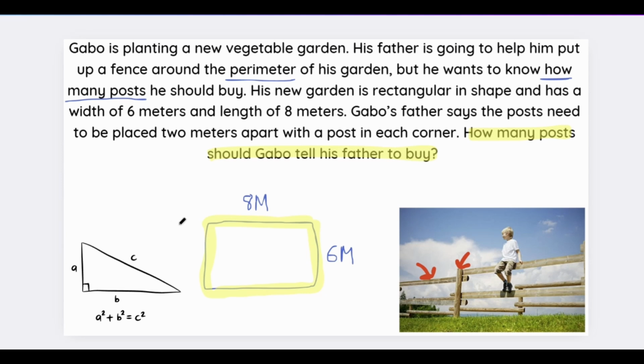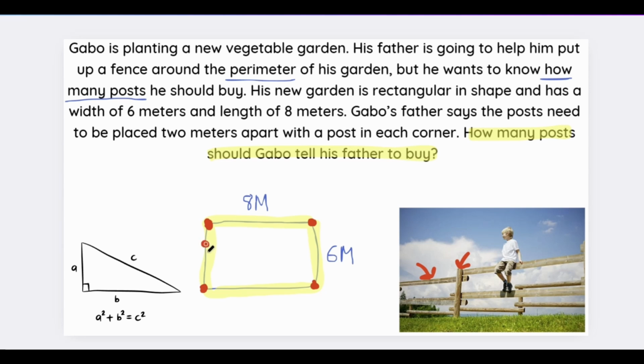So I'm going to start with those corner posts, and I'm going to draw them. So there you have it, there's your corner posts. And then the other posts need to be located 2 meters apart. So let's do the width first.